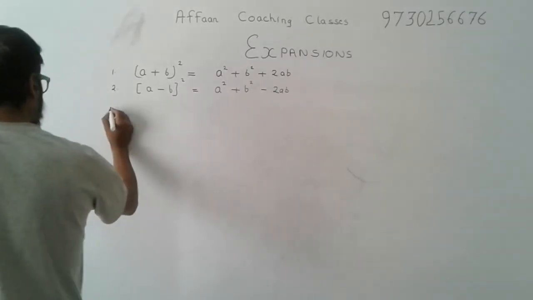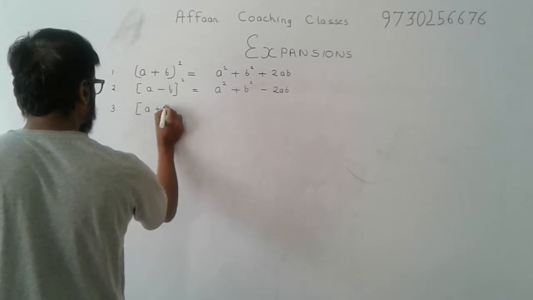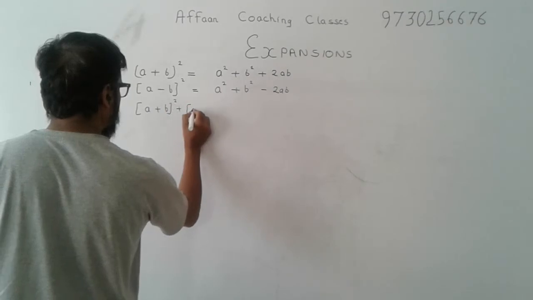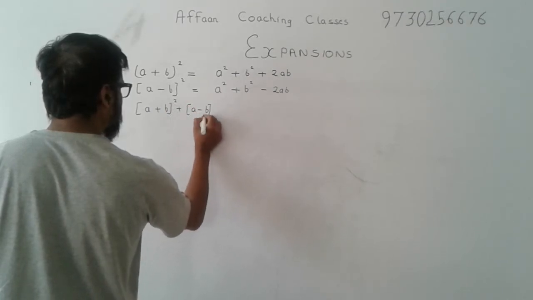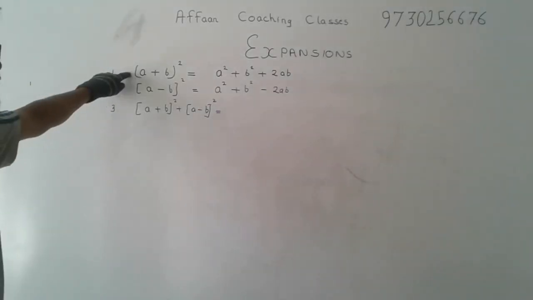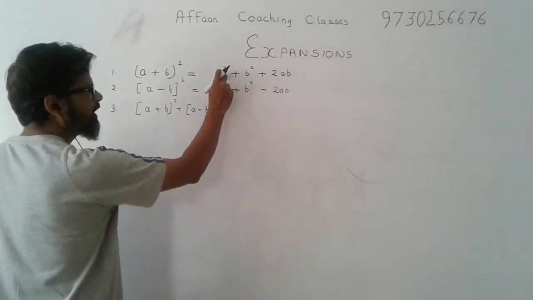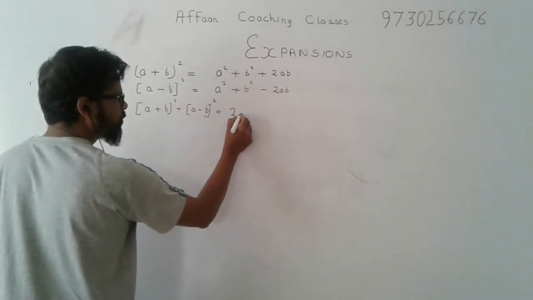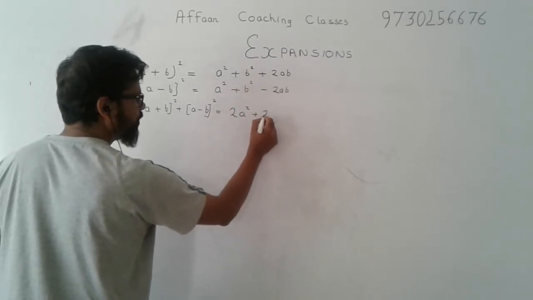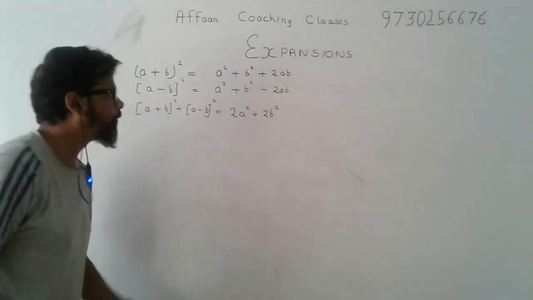Now, the third formula is (a plus b) whole bracket square plus (a minus b) whole bracket square. Clear? So this plus this. So when you add, this will be a square plus a square, that is 2a square, b square plus b square, that is 2b square, and 2ab minus 2ab will be 0.